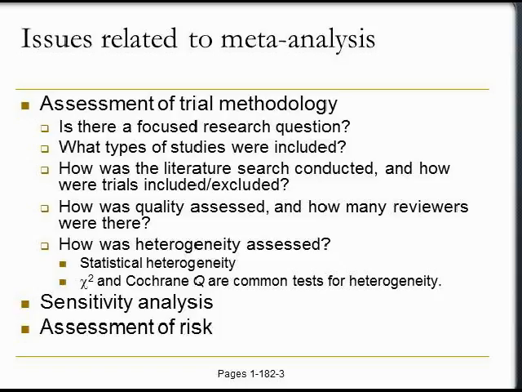And this is typically done with chi-square or Cochrane Q tests, which would evaluate whether or not there was homogeneity among the studies. That is, were the studies statistically similar such that they're able to be combined? Lastly, sensitivity analyses and assessment of risk. Assessment of risk will depend on what types of studies are combined, whether it's case control, whether it's cohort, whether it's randomized controlled trials.